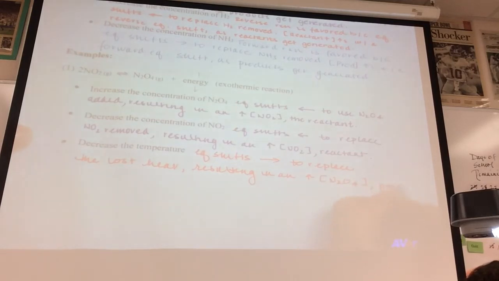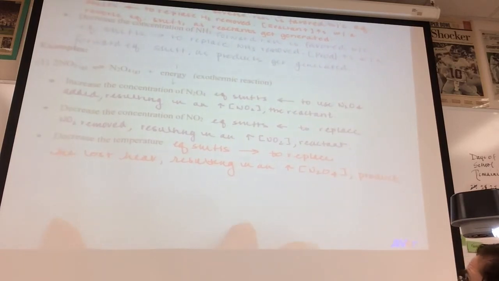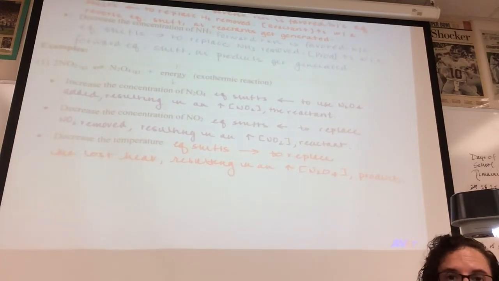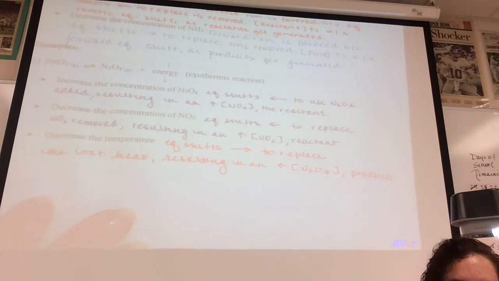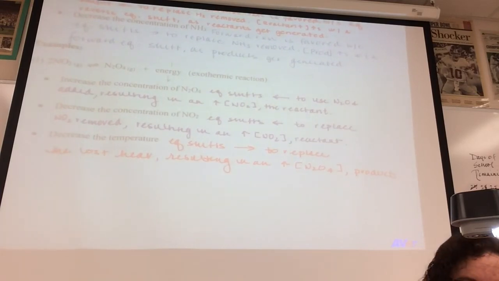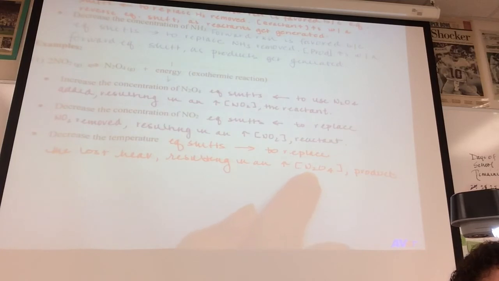So understand that product concentration increases due to the forward equilibrium shift. So if they ask you why the product concentration increases, that's due to the fact that equilibrium shifted in the forward direction in an effort to replace the heat that was removed.